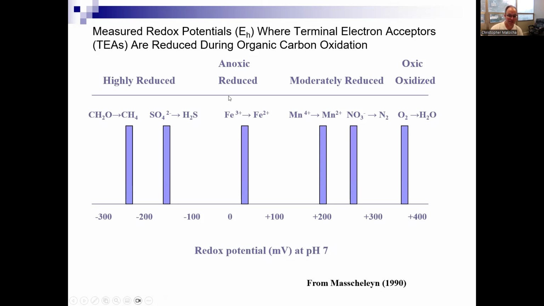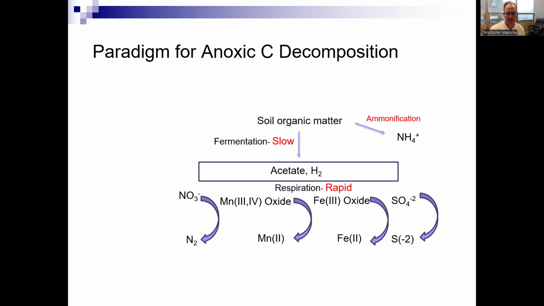You begin anoxic conditions where iron 3 going to iron 2, followed by sulfate to sulfide, and then lastly methanogenesis, where carbon is being converted to methane. So these occur at these various redox potentials in this redox ladder.